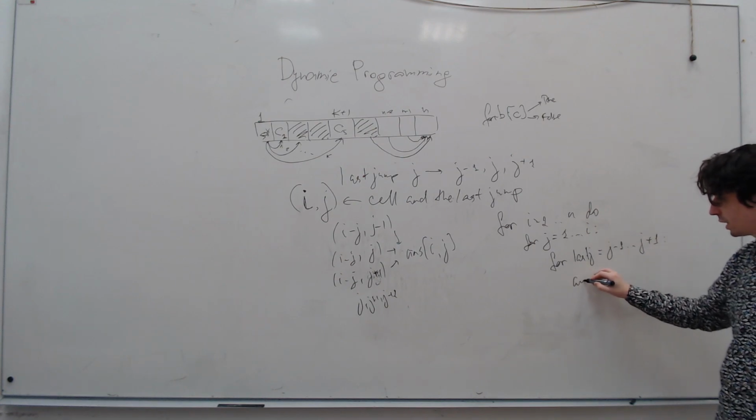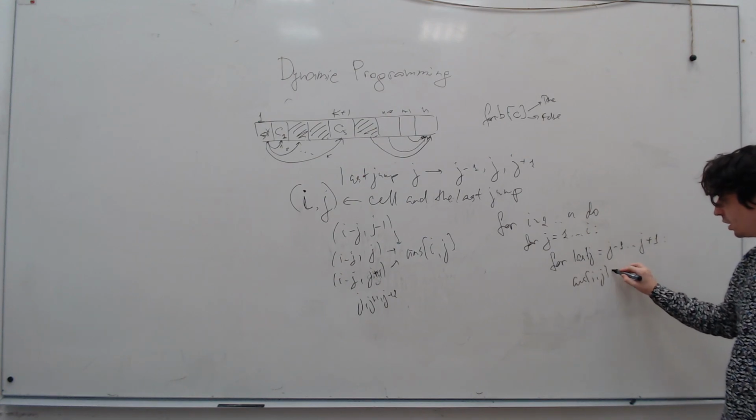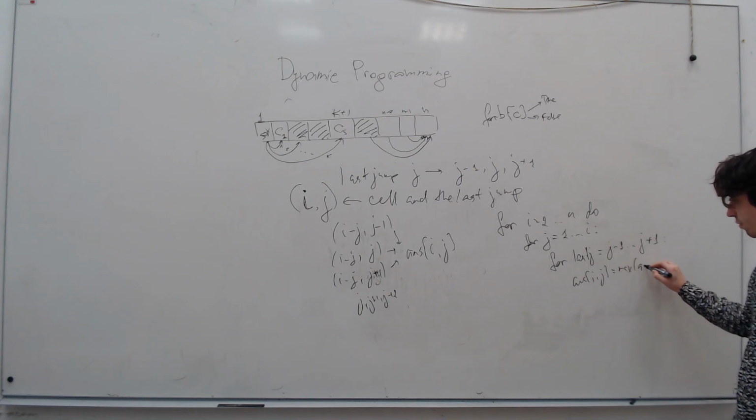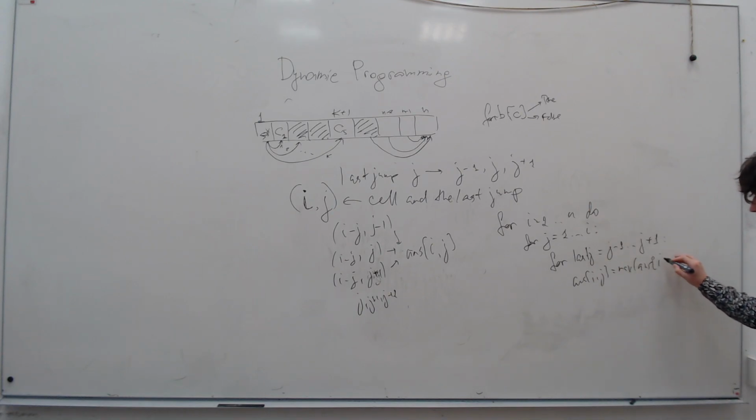Then ans ij equals the maximum of ans i minus j last j plus c i.